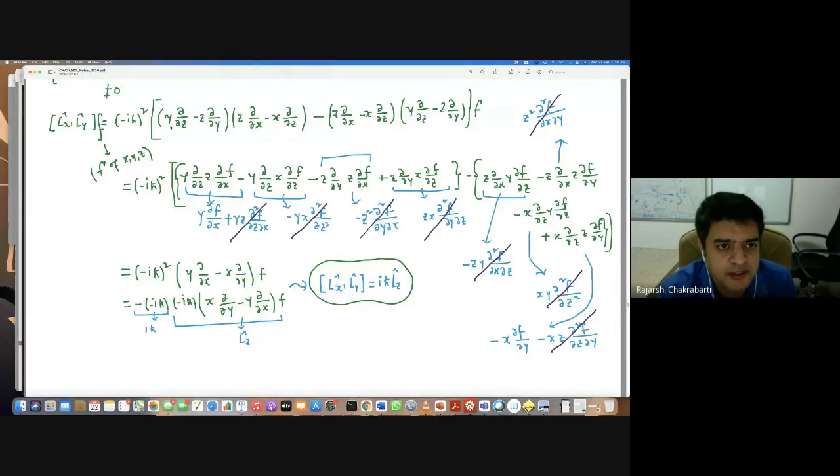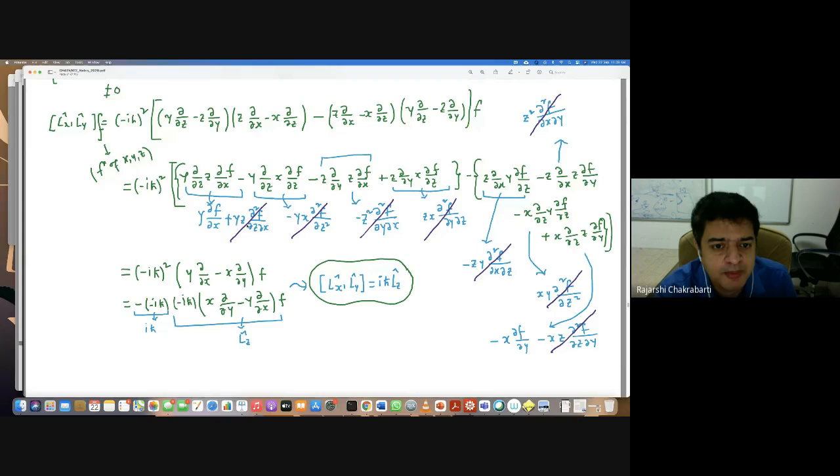I can give you a hint. When you multiply this with this, what you get? y ∂/∂z, z ∂/∂x, and then f. If I expand this, what am I going to get? Now ∂/∂z operates on z and the whole thing. The first term will be y, ∂/∂z operating on z gives you 1. So y times 1, and then ∂f/∂x, plus y. Now this time z will come out, and ∂/∂z will operate on this.